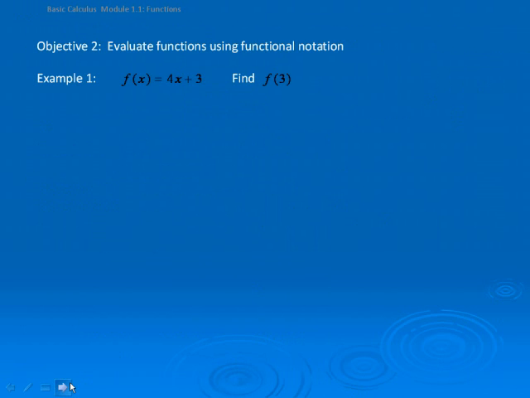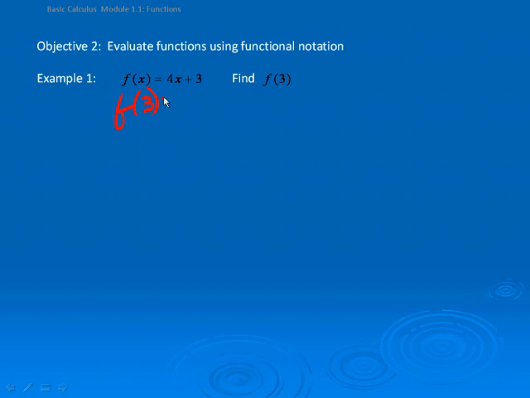All right, let's look at our next objective, which is to evaluate functions using functional notation. Okay, this time we have f of x is equal to 4x plus 3, and we want to find f of 3. So if we put f of 3 right here, I want you to notice that x has been replaced with 3.